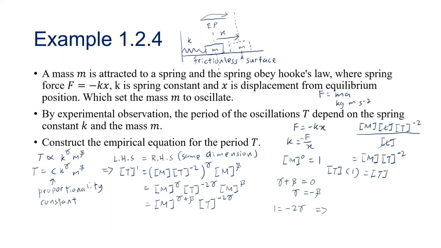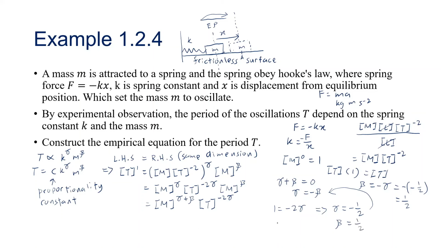That means you divide by negative 2 on both sides, and you get alpha equals negative 1 over 2. From here you substitute back, and you get beta equals negative alpha, which equals 1 over 2.